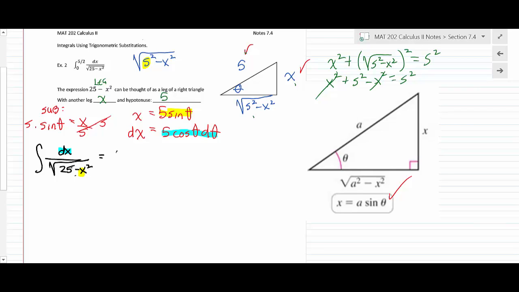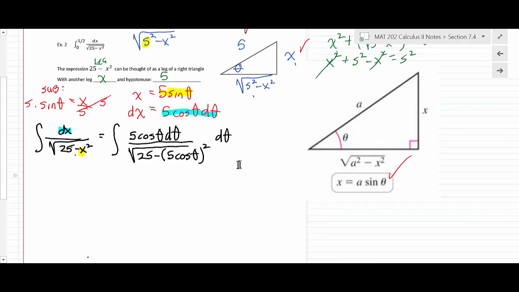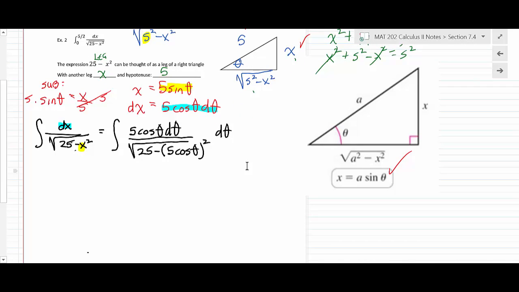Okay, so when we do that, dx is going to be 5 cosine theta d theta. The denominator is going to be the square root of 25 minus, and then in parentheses, 5 cosine theta squared. You can skip a few steps if you can do a few things in your head. 5 sine theta.